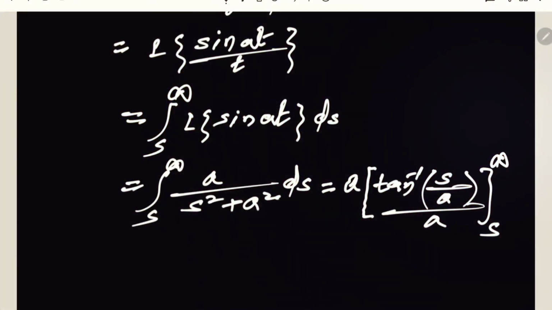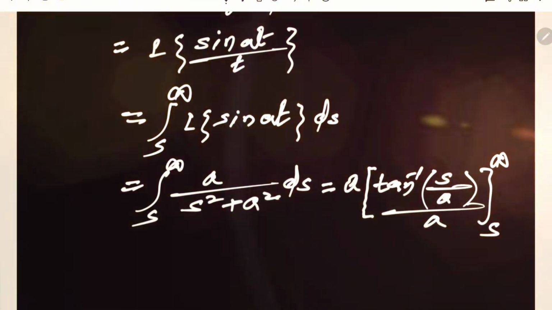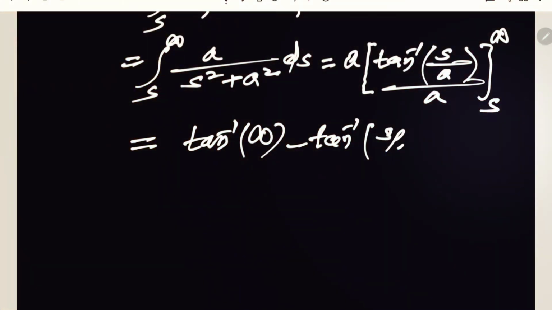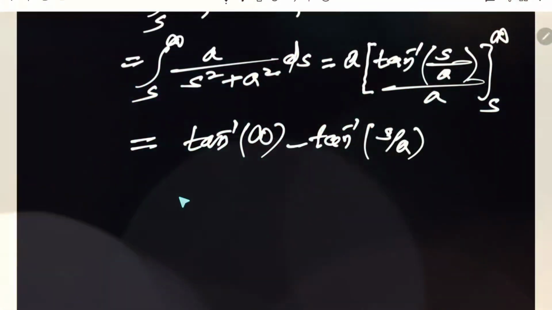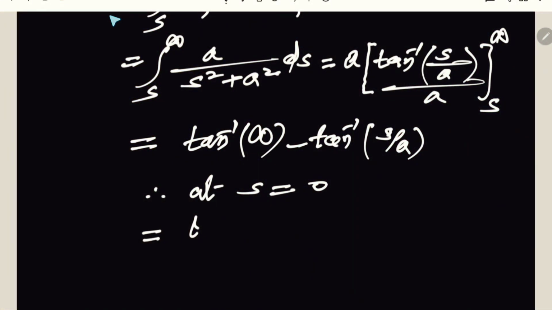A gets cancelled, and we put the limits. Upper limit as infinity, that term becomes tan inverse of infinity, and minus tan inverse of s by a for the lower limit. Tan inverse of infinity is pi by 2, and at s is equal to 0, that second term becomes tan inverse of 0.